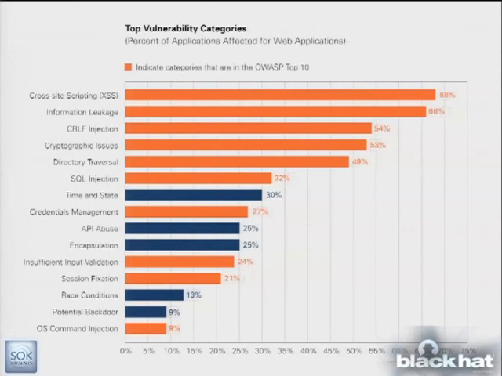But you can see they did a pretty good job, because now we have real data from several thousand applications. While we find a few things that aren't in the OWASP top 10, like time and state, API abuse, encapsulation, and race conditions, most of the OWASP top 10 does line up with the most prevalent vulnerabilities out there.